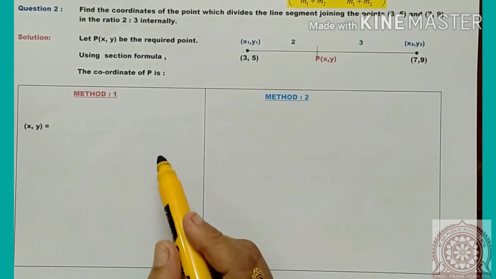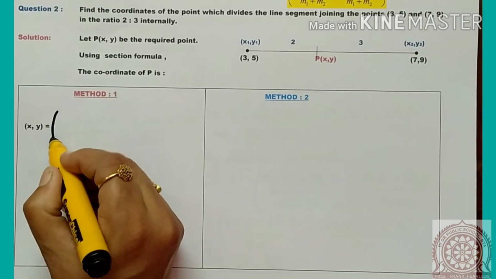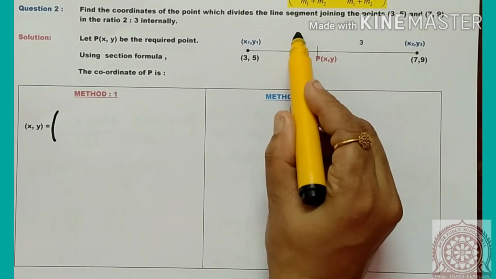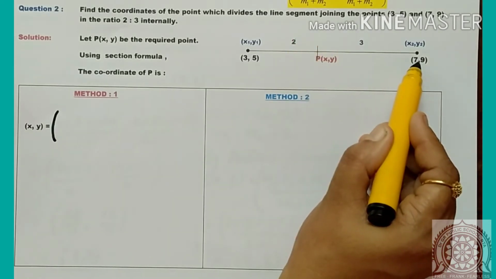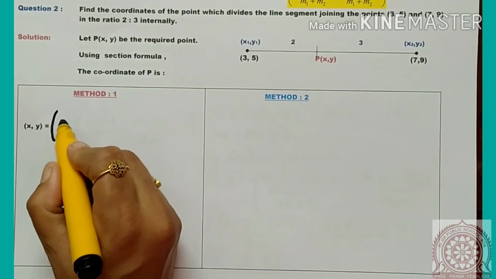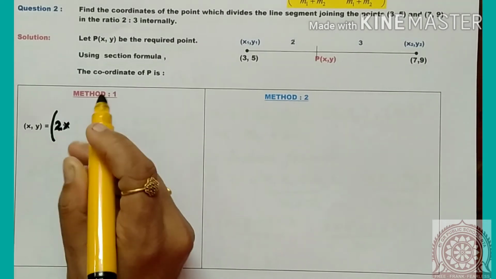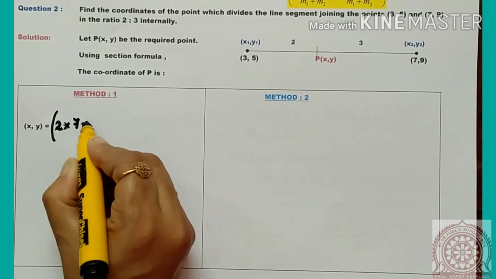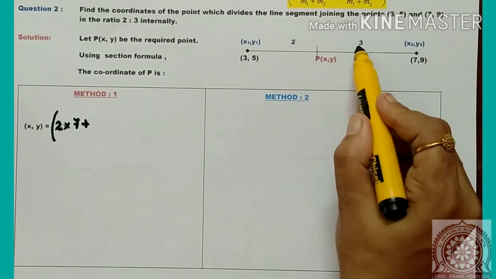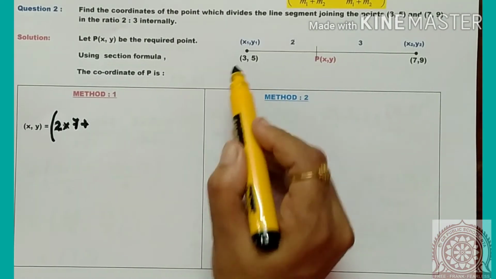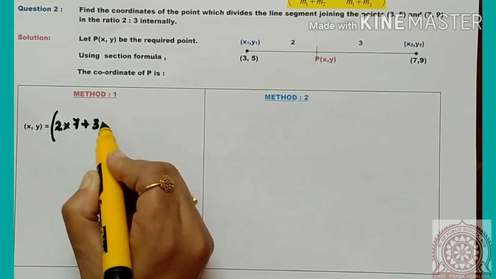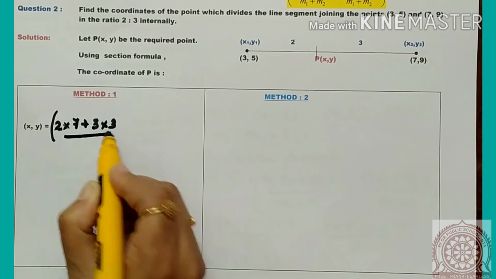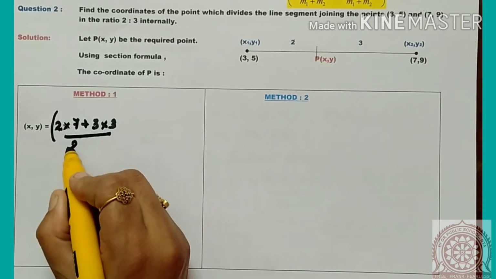By the direct method I am going to do it this way. m1 into the faraway x coordinate 7, m1 is 2 into the faraway x coordinate 7, plus m2, 3 into the faraway x coordinate 3, 3 into 3, divided by the ratio 2 plus 3.